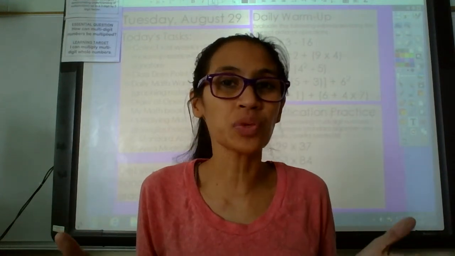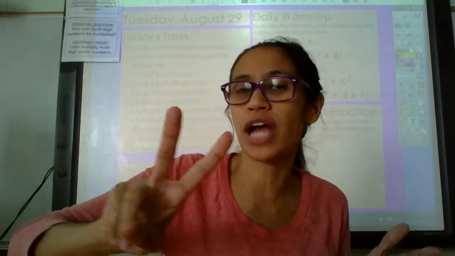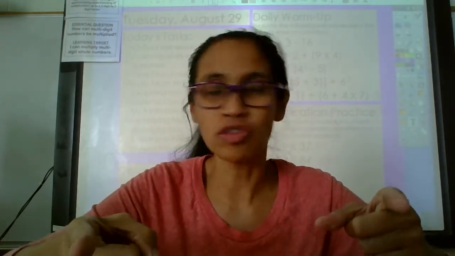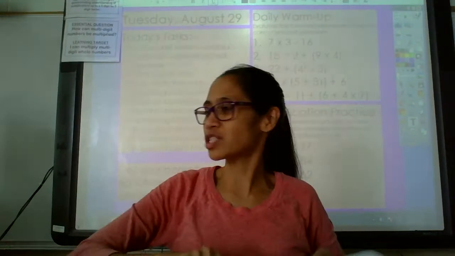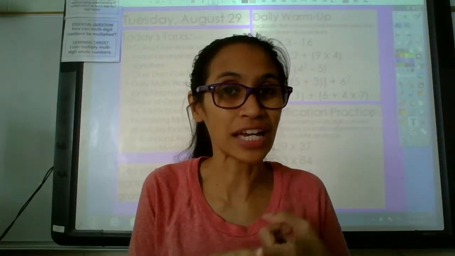All right, so this week we are learning and practicing two different strategies. Raise your hand if you could tell me what those two strategies are. You should know. If not, find it in your notebook right here, and it's on that sheet also. So we are working on the standard algorithm.